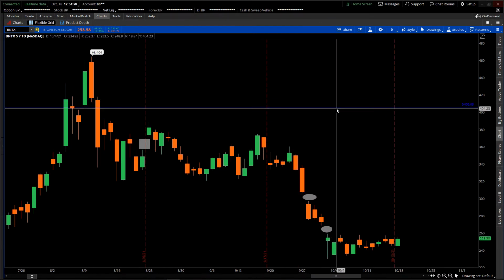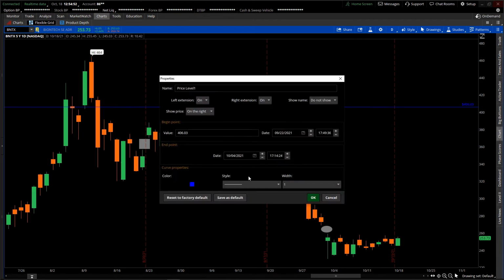The first level I identified, let me just clean this up a little bit here. Support, resistance. First one I identified is 232.90.